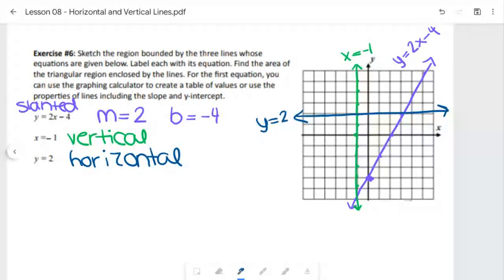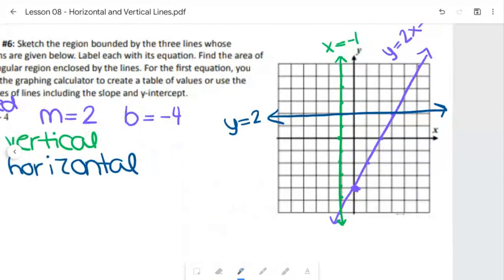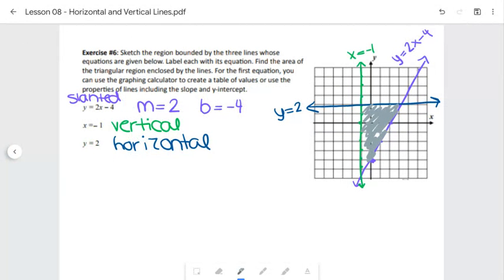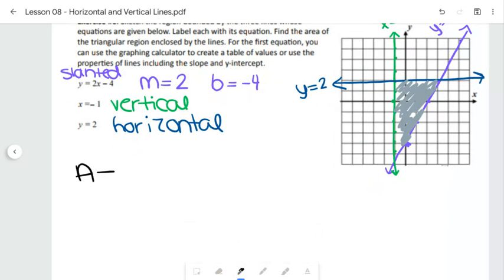Now we're going to shade in the pieces. So it just asks us to shade. So I'm just going to pick a color here and shade that triangle on the inside there. So we're trying to find the area of that triangle. So my area is equal to 1/2 base times height. Now remember, back from when we've done this before, your height always has to be making a 90-degree angle.